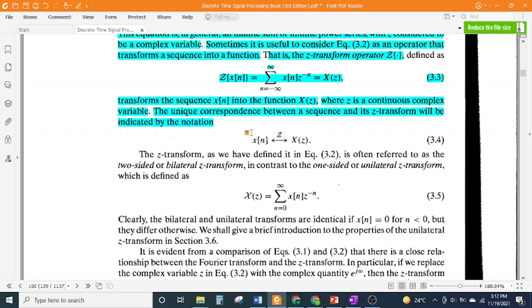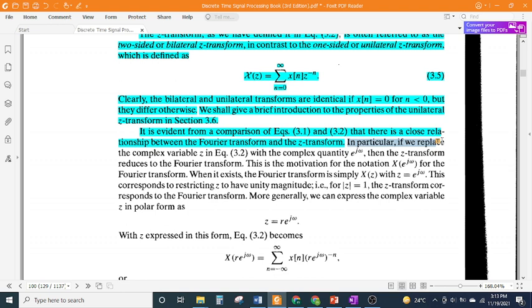It is evident from a comparison of Eqs. 3.1 and 3.2 that there is a close relationship between the Fourier transform and the Z-transform. In particular, if we replace the complex variable z in Eq. 3.2 with the complex quantity e^{jω}, then the Z-transform reduces to the Fourier transform.